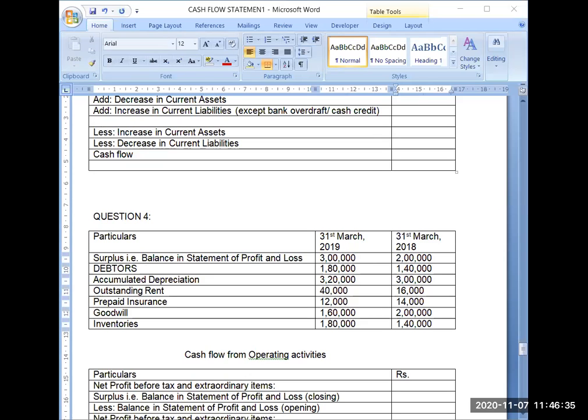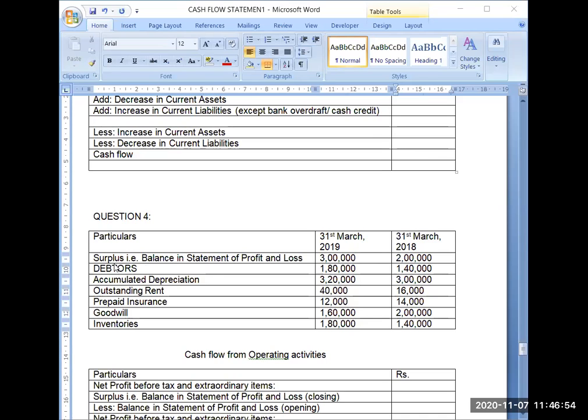So how much amount has been increased? You can reply in the chat box. How much amount of debtors have been increased? Yes, 40,000 amount of debtors is increased.